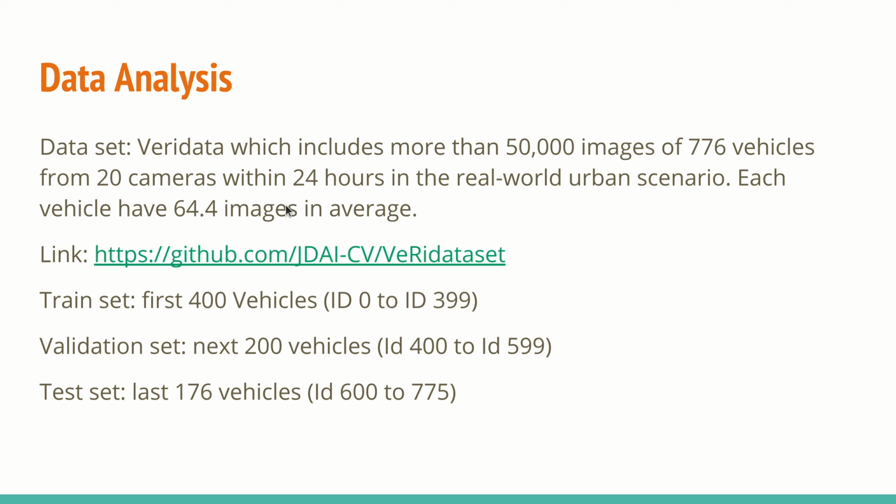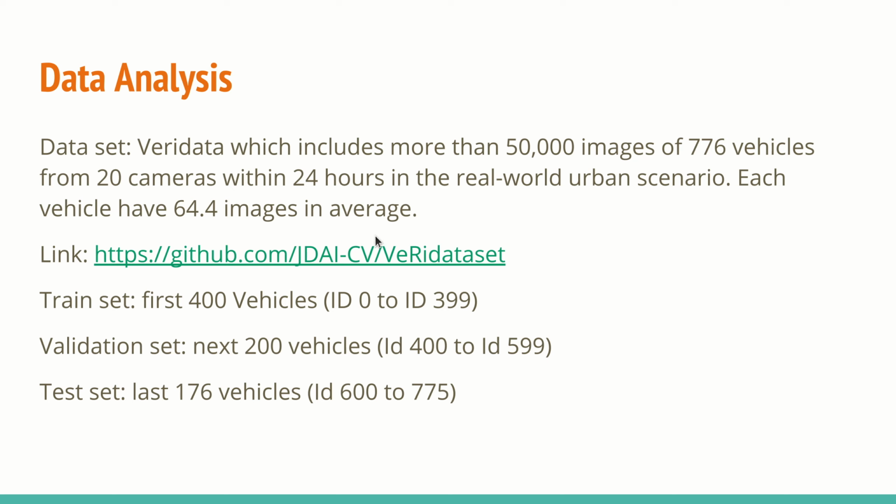About the data, we use the VeRi dataset, which is a very popular dataset for the re-identification problem. It includes more than 50,000 images of 776 vehicles from 20 cameras in a real-world urban scenario. On average, each vehicle has 64 images.